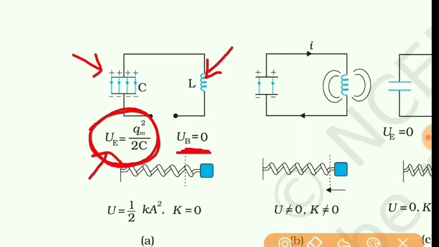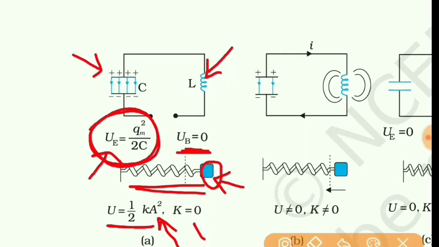And this situation is shown with the mechanical oscillations, that initially when this object is pulled, the energy is stored as U equal to half of Ka square, where A is the amplitude, and as this object is stationary, no kinetic energy is associated with it.